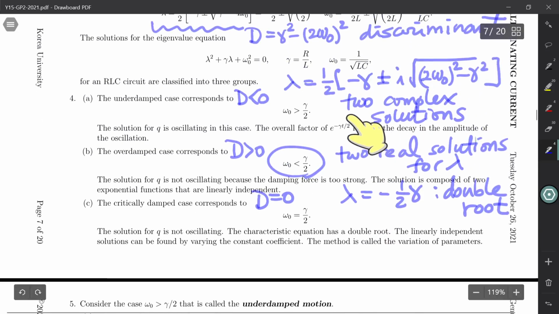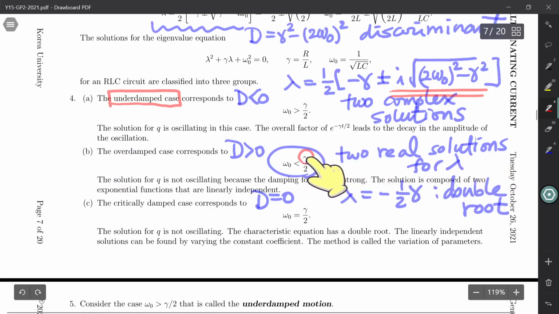We say this is an exponential with real and imaginary parts, and this is oscillating. So we say this is the underdamped case. There is no oscillation, two real solutions, so the damping is very strong.